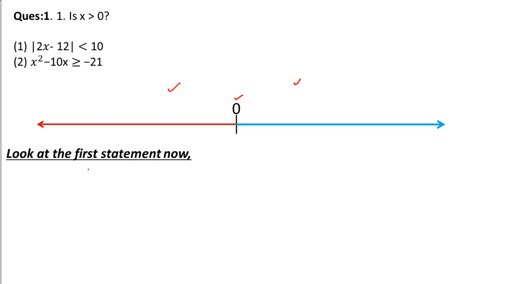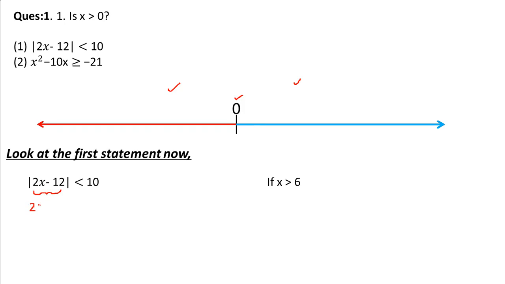Look at the first statement now. It says modulus of 2x minus 12 is less than 10. So, if x is greater than 6, then this quantity, that is 2x minus 12, is greater than 0. So, modulus will open with positive sign.